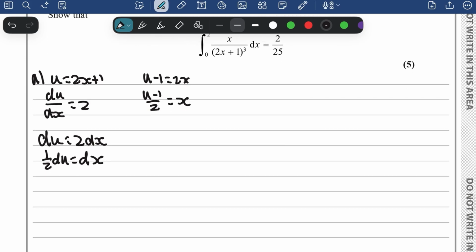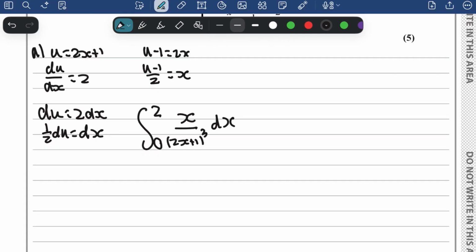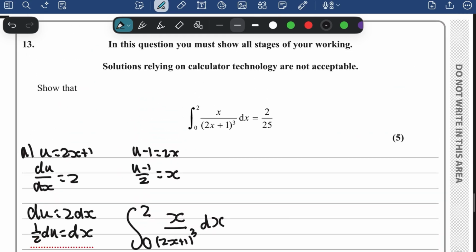So then if we take this integral here, where we have an integral between 2 and 0 for x over (2x plus 1) cubed dx, well, we now know that x is going to equal (u minus 1) over 2. Let's ignore the limits for now. (u minus 1) over 2 all over, well, it's going to be u cubed, right? Because we said u is 2x plus 1, so u cubed.